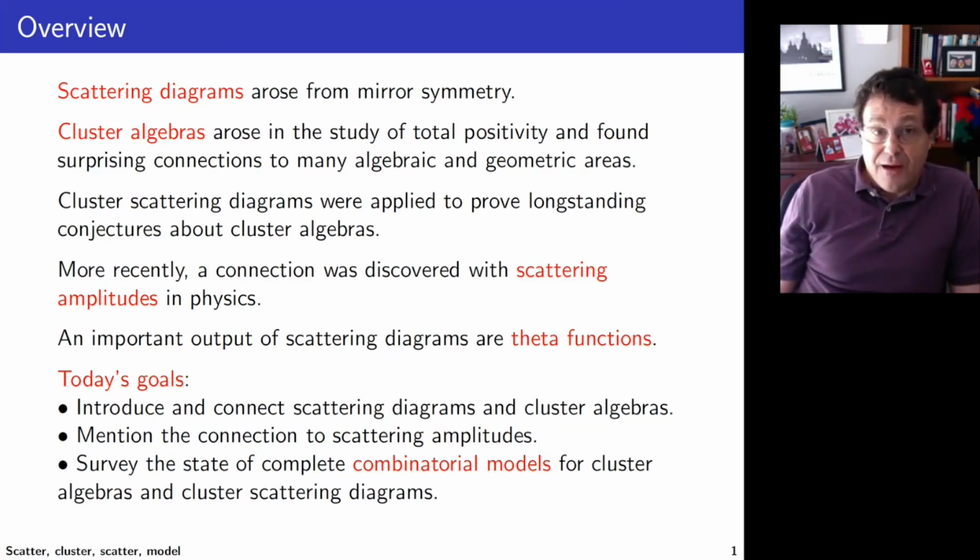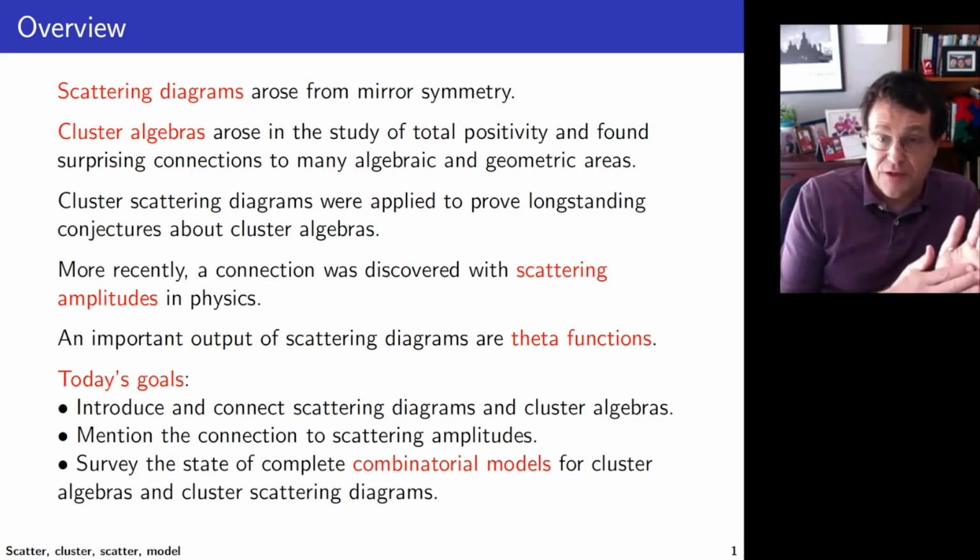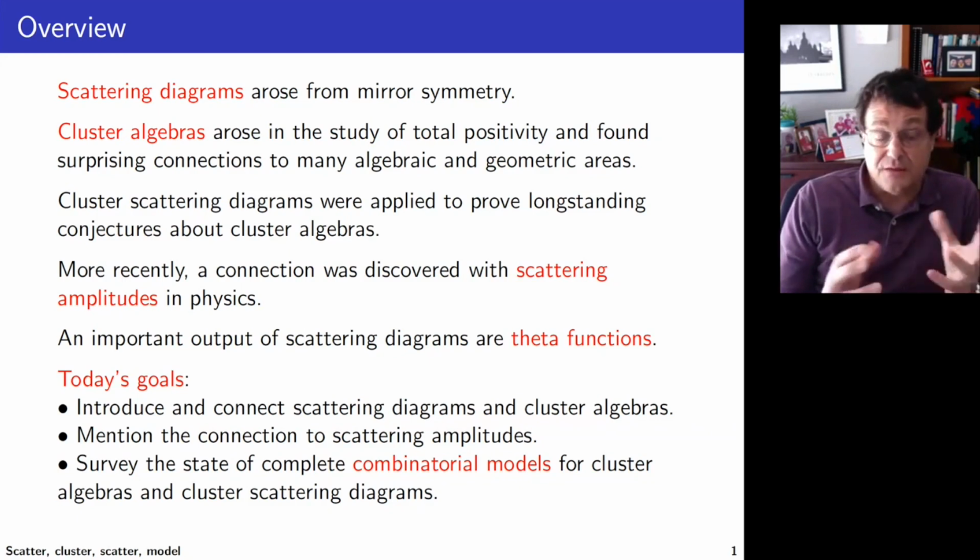So scattering diagrams arose from mirror symmetry. Cluster algebras arose in the study of total positivity, and then starting really 20 years ago or so, there started to be all these connections found to algebraic and geometric areas, and physics, in some surprising ways that things were connected.